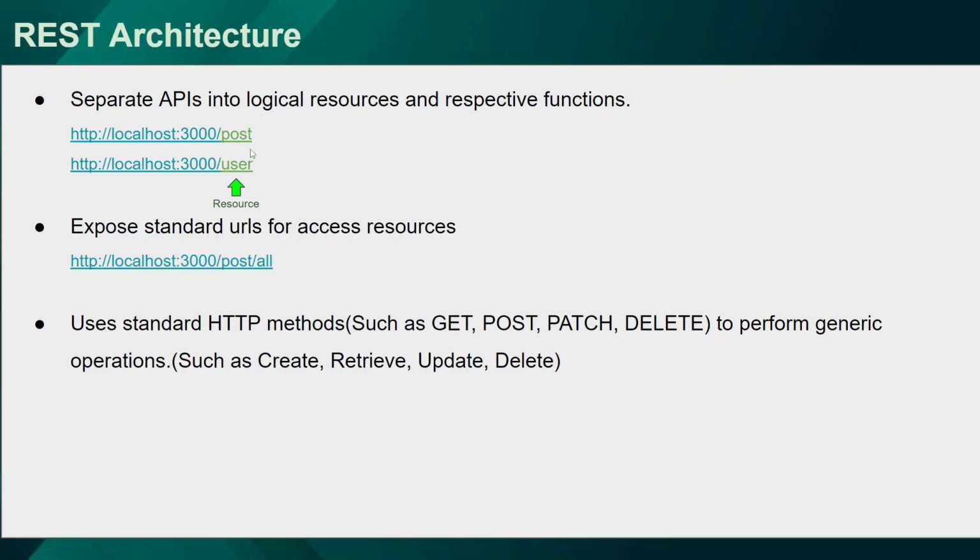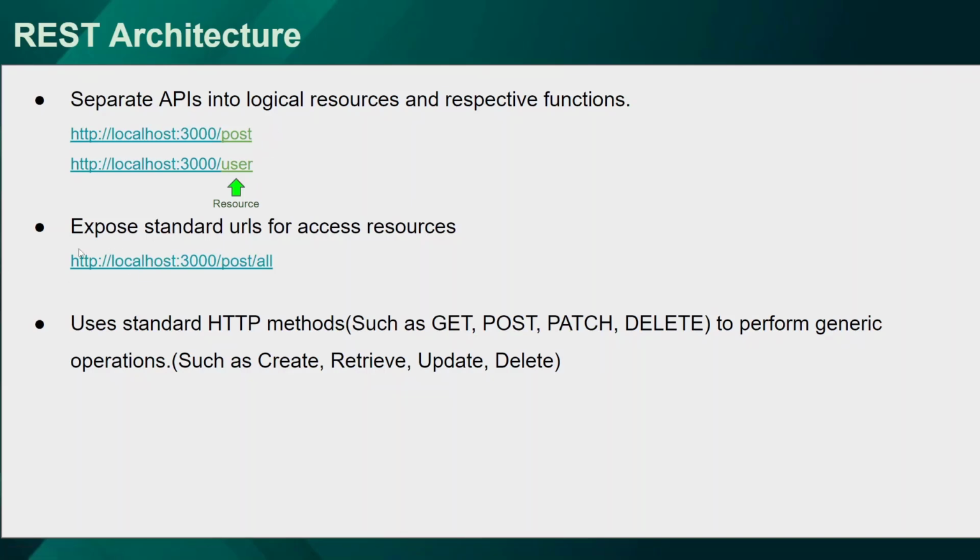Post is a specific resource that handles the functionalities related to posts, and user is another resource to handle any other functionality relevant to a specific user. So in a REST API we can distinguish these two separate functionalities with the corresponding URL, right? These resources can be added or removed to construct different APIs.